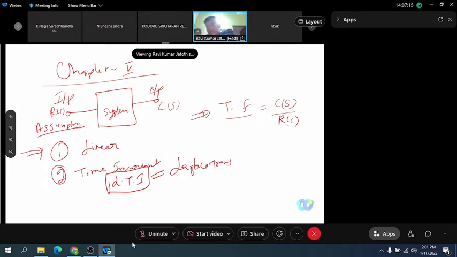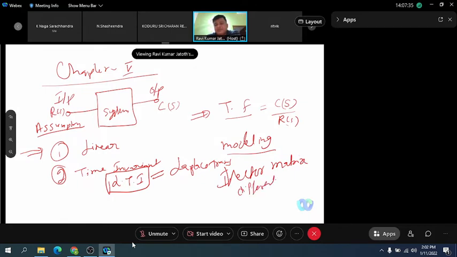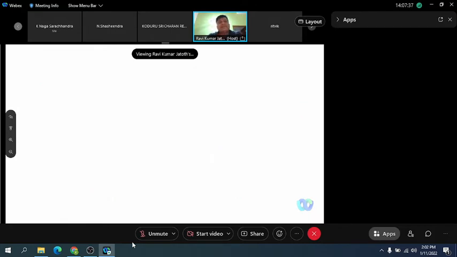When they are linear time varying systems, the system is modeled by using a vector matrix differential equation, which we call state space representation.